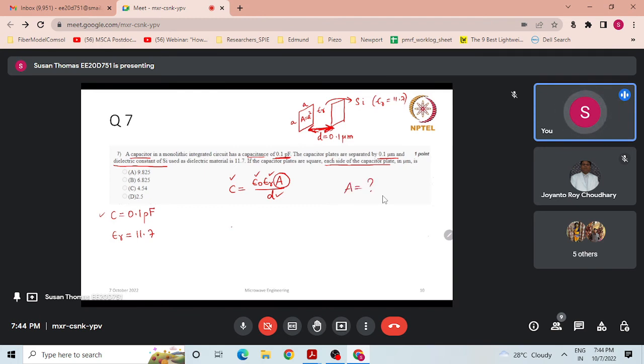So this area can be calculated. Once you calculate the area, we know that area is the square of the side of the plate.